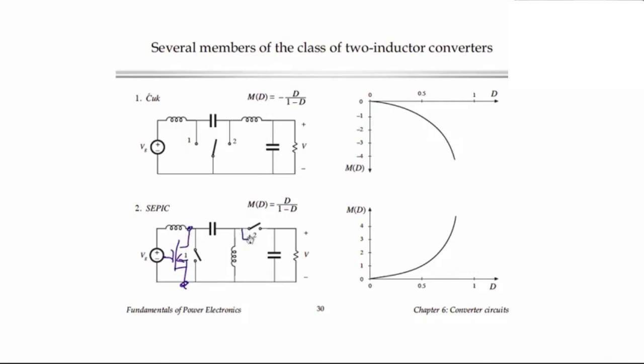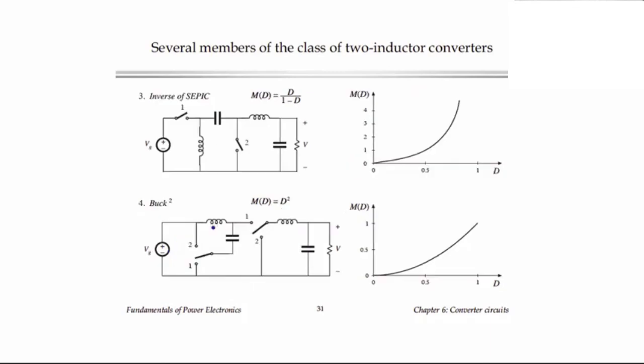It's interesting for one because its transistor has its source grounded, and you realize the switches with the transistor and diode like this. So it's easy to drive this transistor with a low side driver and get this non-inverting buck boost type characteristic. Here's another converter, the inverse of the SEPIC. It's also a non-inverting buck boost type converter. Some people call this a zeta converter.